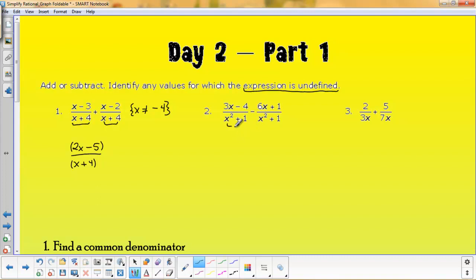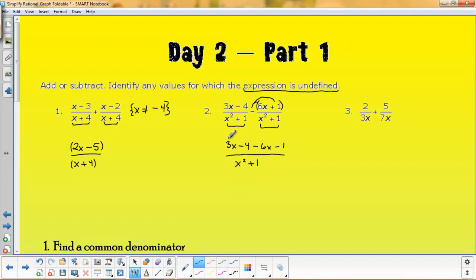Now, because we have a common denominator already, we are simply going to combine like terms. Remember, with the minus, we must distribute it to all values within the quantity that it is in front of. So that's going to be 3x minus 4 minus 6x minus 1, all over the common denominator of x squared plus 1.